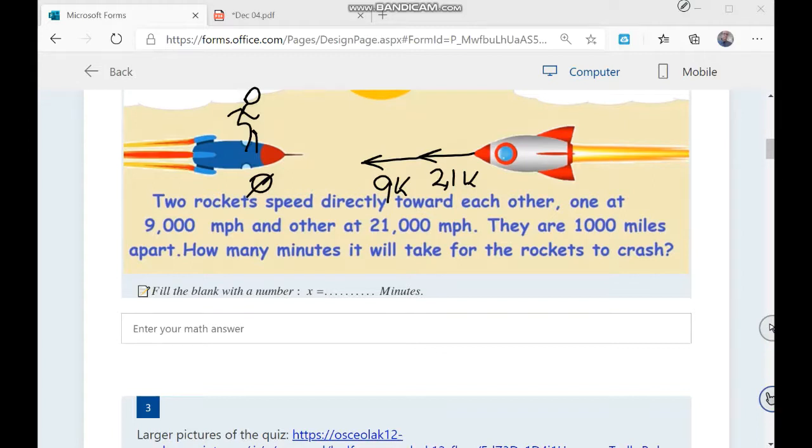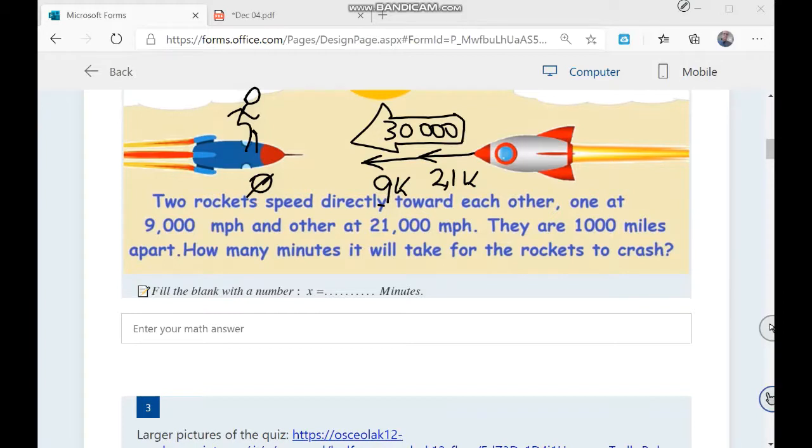For you, on top of the rocket, you're going to see the other rocket approaching at the speed 9k plus 21k. The total speed is going to be 9,000 plus 21,000, 30,000. This is the speed it's approaching. The other rocket is approaching you.